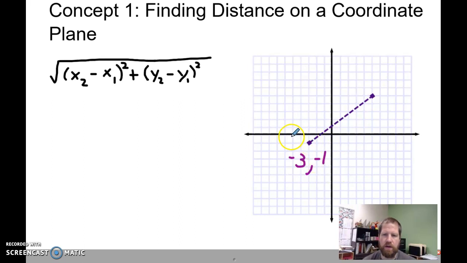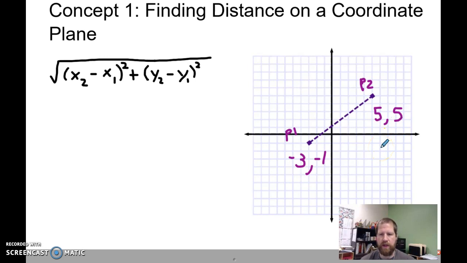I'm going to call this point 1. This one up here we'll label as point 2. This one's going to be 1, 2, 3, 4, 5. So the x value is going to be 5, and the y is going to be 1, 2, 3, 4, 5, also 5. Great, makes it easy.